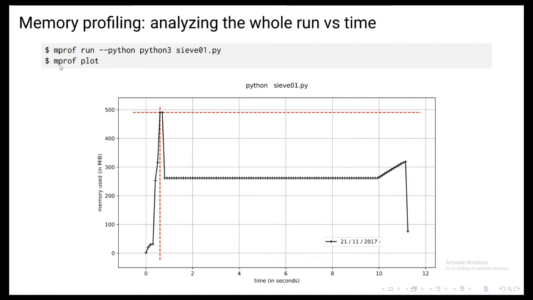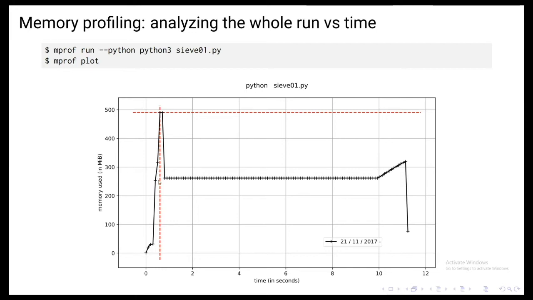Then you run mprof plot, and as you can see, it went from 10 seconds to 11 seconds, so the overhead is not that much compared to running it raw on its own. Then you see the runtime and the memory use as a function of the runtime. We see an increment of 200-something megabytes that we saw.